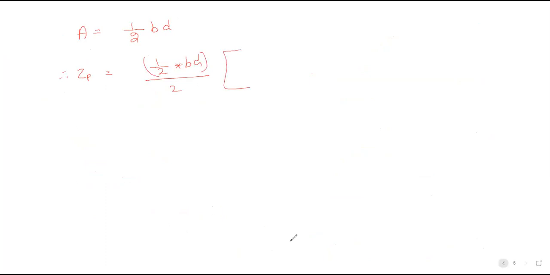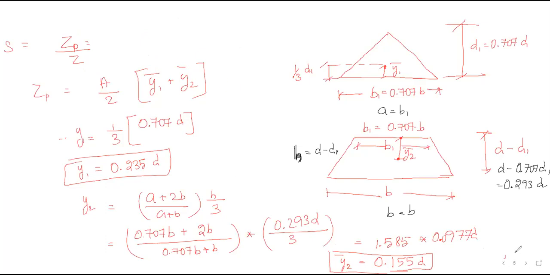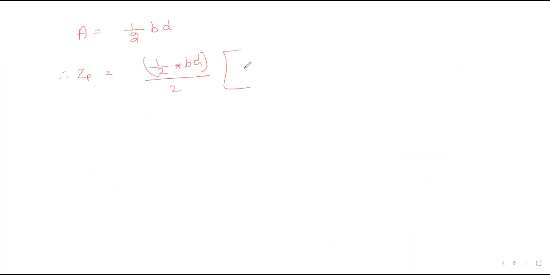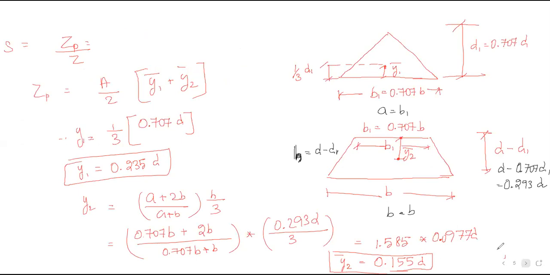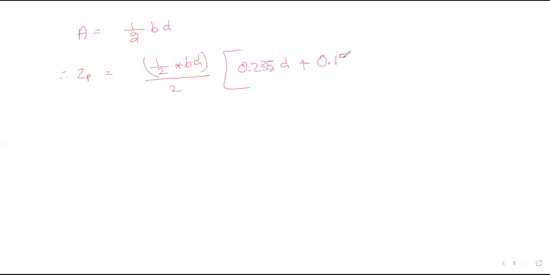So Y1 bar value is 0.235 D, 0.235 times D, plus Y2 bar value is 0.155 times D. So here 1 by 4 into BD, into 0.235 plus 0.155.